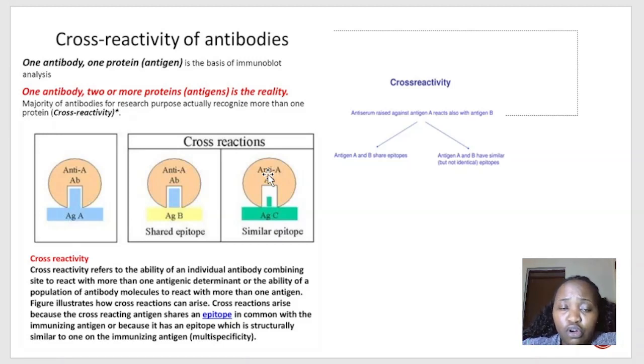Let's say if it is coronaviruses like SARS-CoV-2 and other coronaviruses, you'd want to understand whether the antibodies you have against SARS-CoV-2 also react with other coronaviruses, so that you can be sure that you are actually detecting the correct viral antigen.